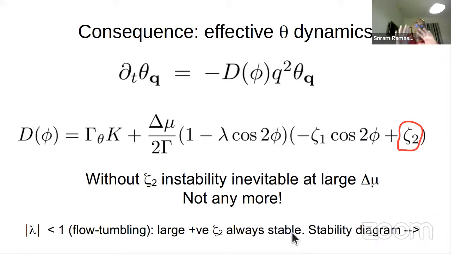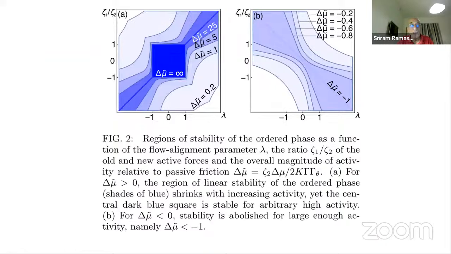That's one conclusion, and let me not dwell further on that. In the plane of flow coupling and ratio of these two active coefficients, there's a region in which no matter how high you take the activity, you're always stable. I do not expect you to understand this in more detail than this, but using the slides that I've already sent you, you will be able to work through it.